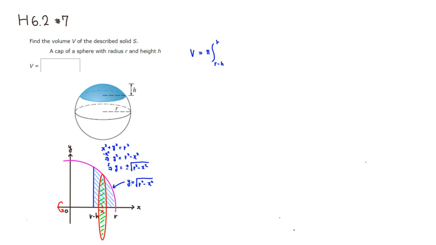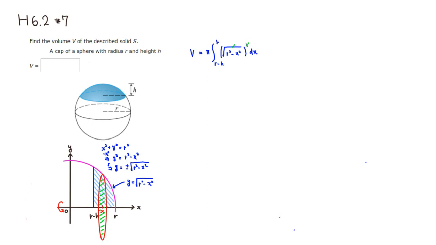Then the radius is determined by the square root of r squared minus x squared. Then we just need to square that with respect to x. So we can cancel the square and square root.